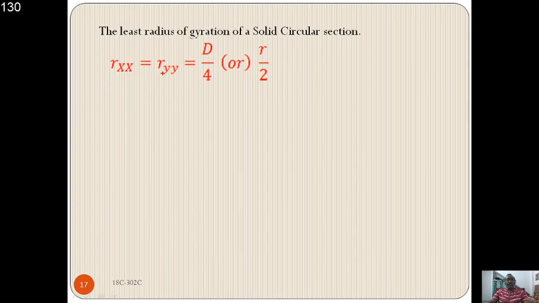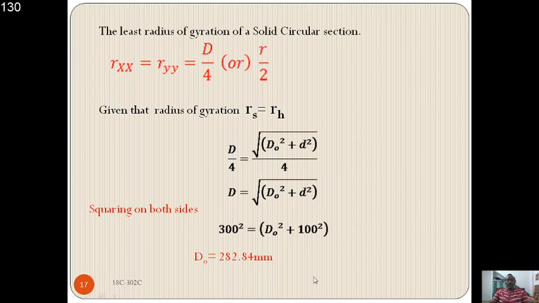Similarly for the solid circular section, it is simply Rxx equal to Ryy equal to d by 4 or r by 2. Use that formula and equate them, since the radius of gyration of the solid section is equal to that of the hollow section, as given in the problem. Then substitute the values.